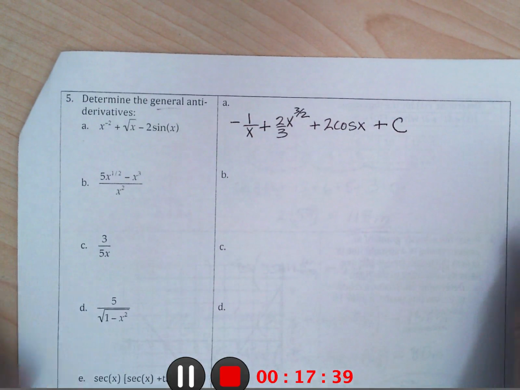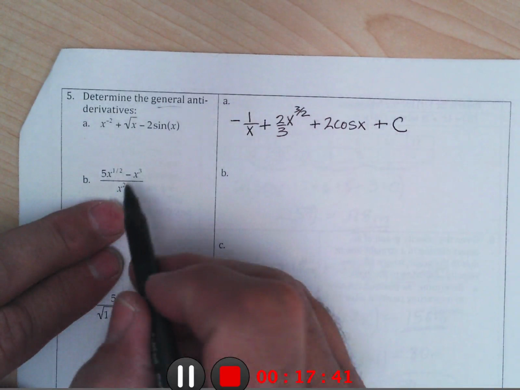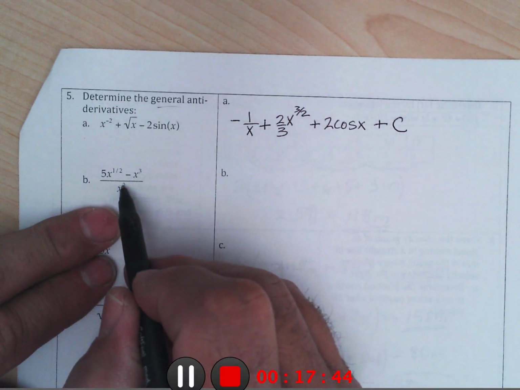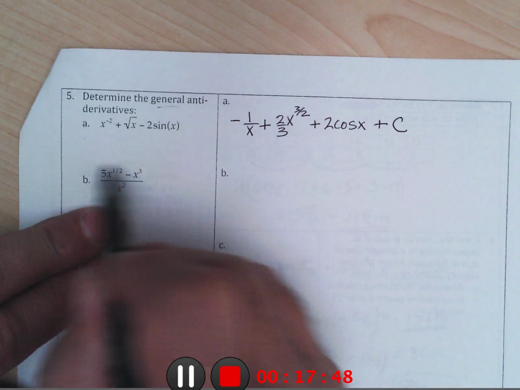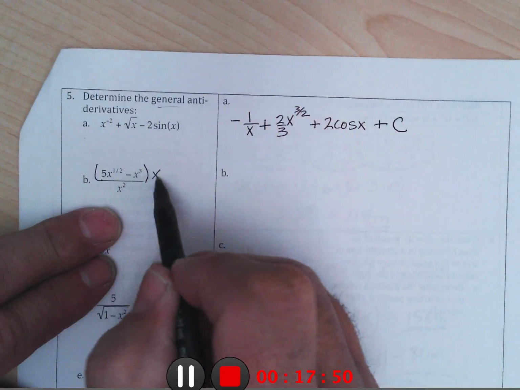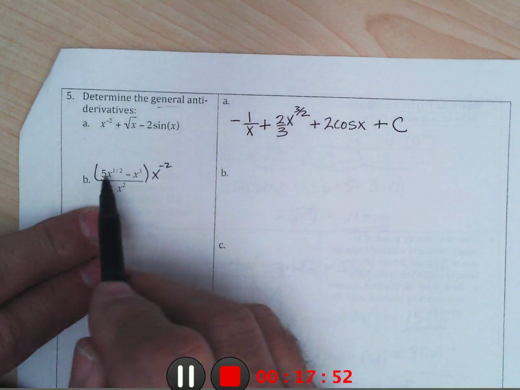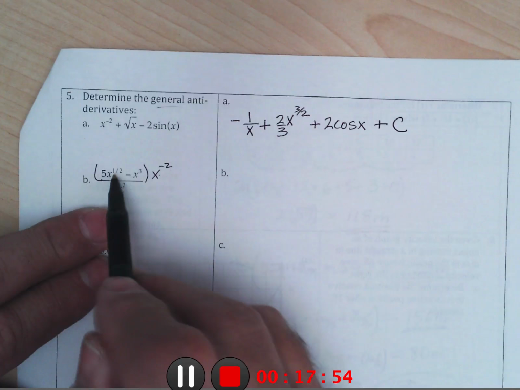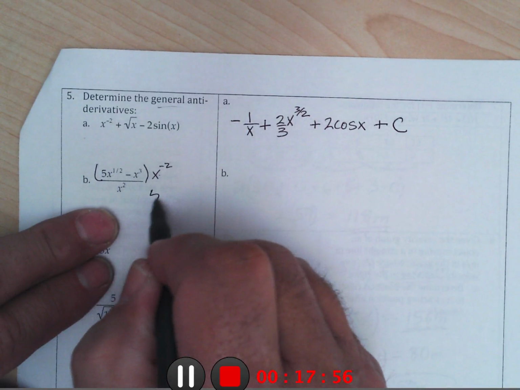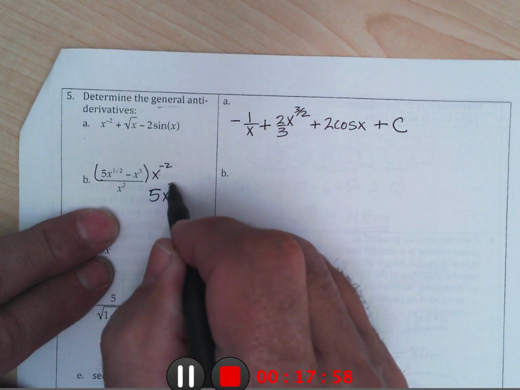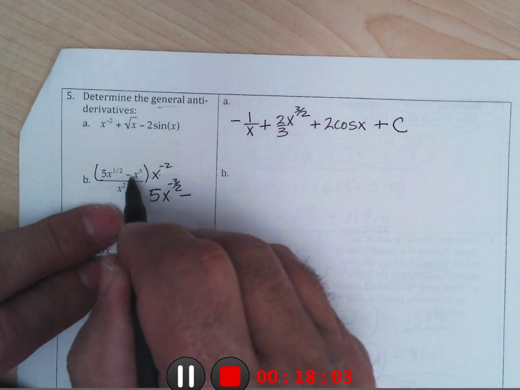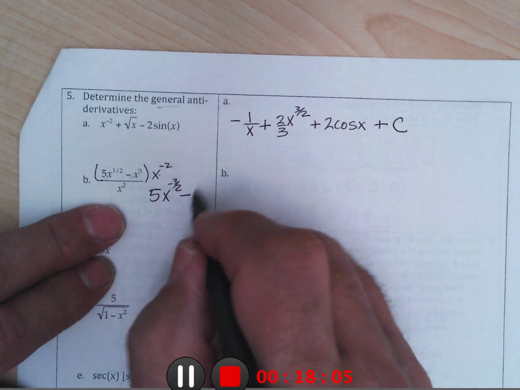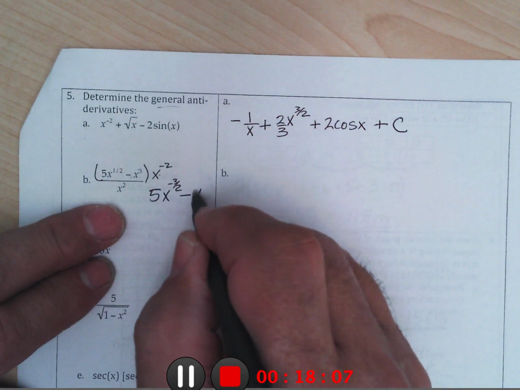This one, I would take this x squared, which would be the same as multiplying by x to the minus 2. So I'd actually do that. x to the minus 2 times this would be 5x to the minus 3/2 minus, and minus 2 plus 3 is minus 1, x to the 1.